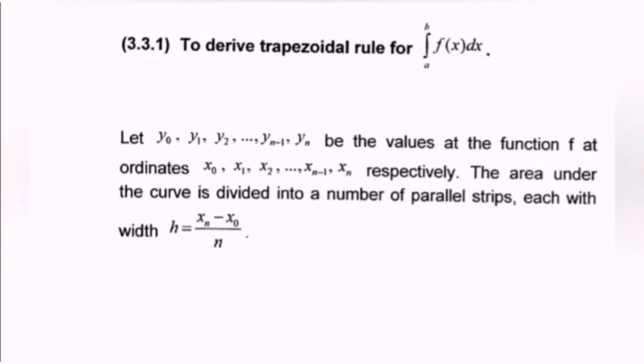The area under the curve is divided into a number of parallel strips. So in here we have the keywords, parallel strips, each with the width. So n is the number of strips.